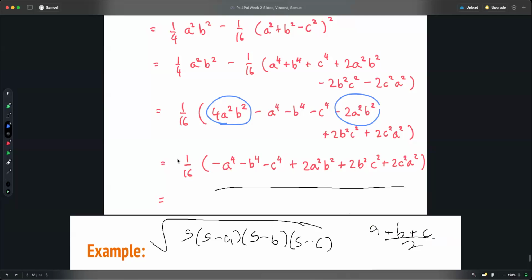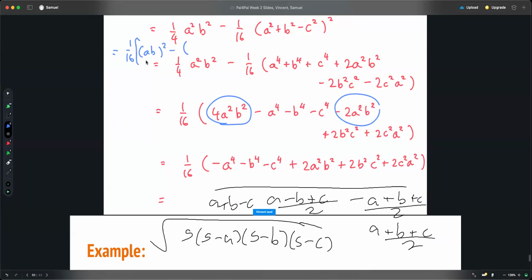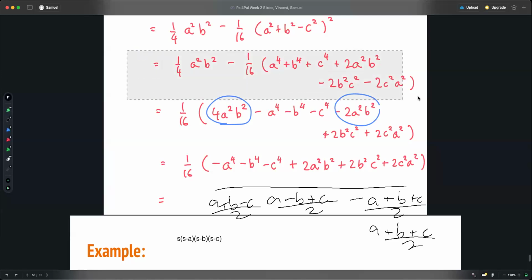S minus a is negative a plus b plus c over 2. S minus b is a minus b plus c over 2. S minus c is a plus b minus c over 2. That's kind of inconvenient, but we can use difference of squares. I'll show how. Let me erase this.